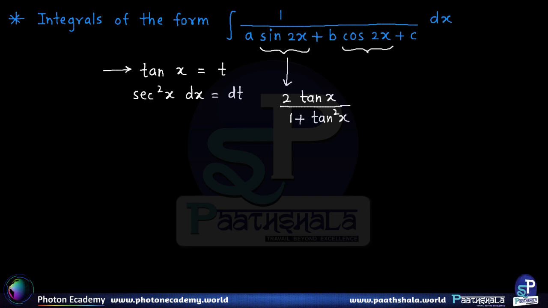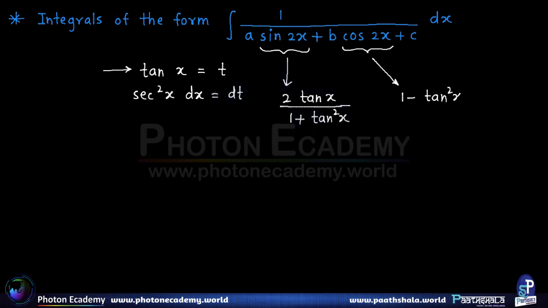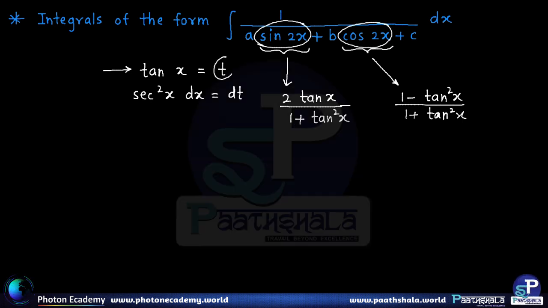Similarly, cos 2x can be written entirely in terms of tan x as 1 minus tan square x upon 1 plus tan square x. So you see, after substitution we can definitely substitute sin 2x as well as cos 2x in terms of the variable t, right? Now what happens to dx?